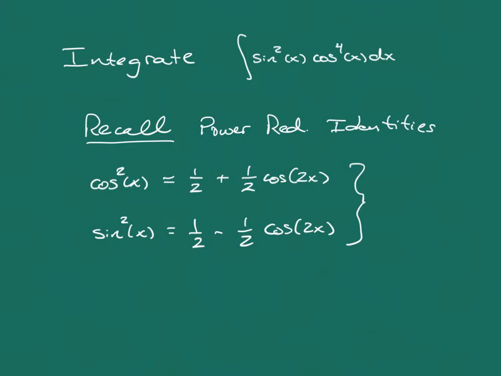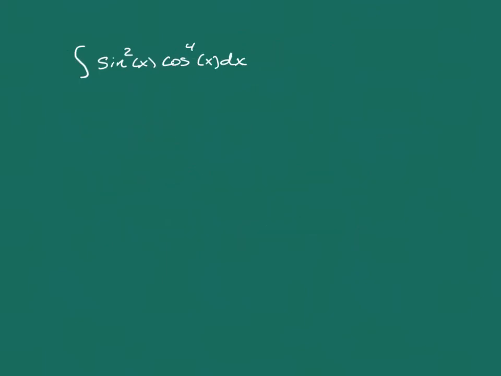So let's take this example and see what we can do with it. One thing that we can do with this integral, since both powers are even, is look at our power reduction formulas for each one of those. Our power reduction formula for sine squared gives us 1/2 minus 1/2 cosine of 2x.